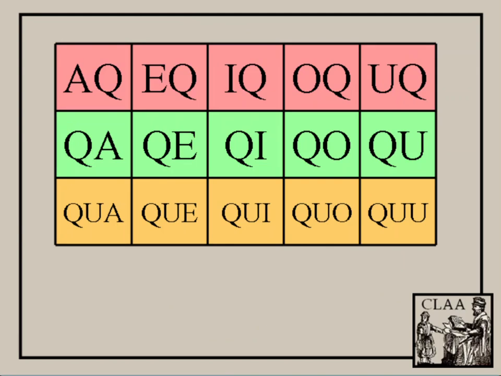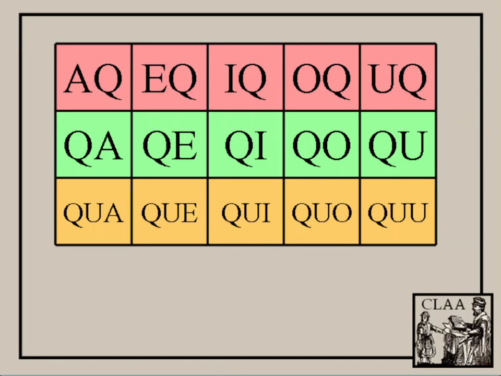Let's read the top row. Ak, ek, eek, ok, and ook. Let's read the green row. Ka, ke, ki, ko, and ku.